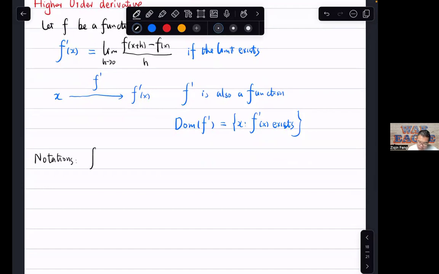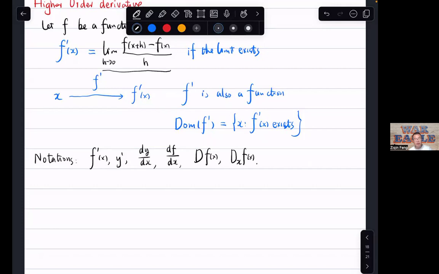So you can use f prime of x to represent this new function, or y prime, or dy over dx, or df over dx, or capital D f of x, or capital D x f of x. All these notations mean the same thing. We are evaluating this special limit here. That's the same meaning.